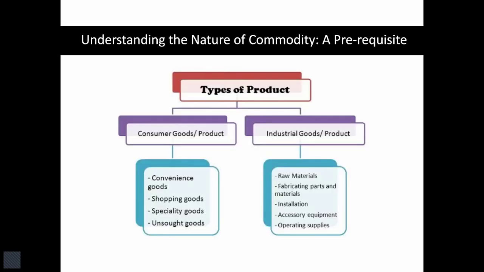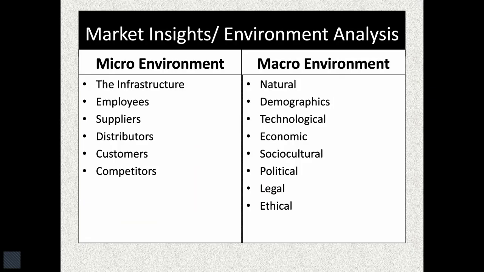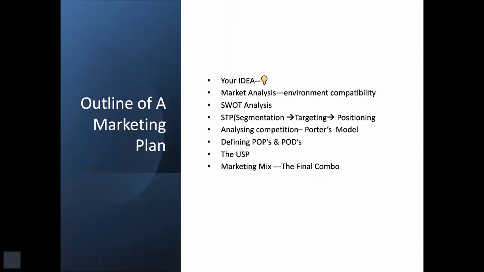Now moving on. As we have already completed the majority of our marketing plan, as we have discussed earlier, the process starts from idea generation to market analysis and ends on the marketing mix.